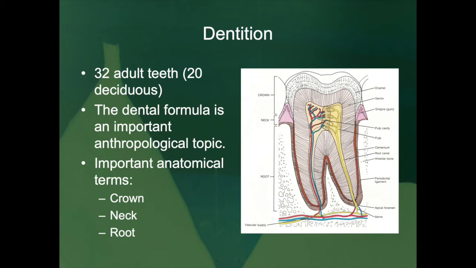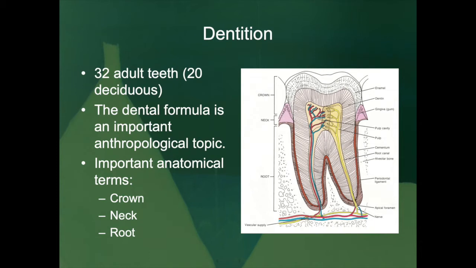This is the portion of the tooth below the crown and neck. It is enclosed in the tooth socket and covered with cementum. So we have the root, the portion completely enclosed in the tooth socket and covered with cementum. Then we have the neck, this transitional portion, and then we have the crown.